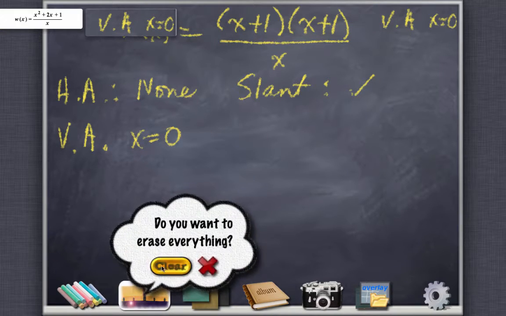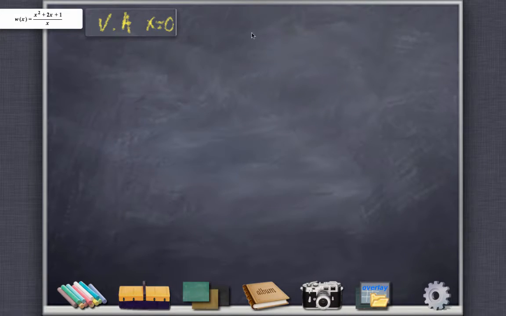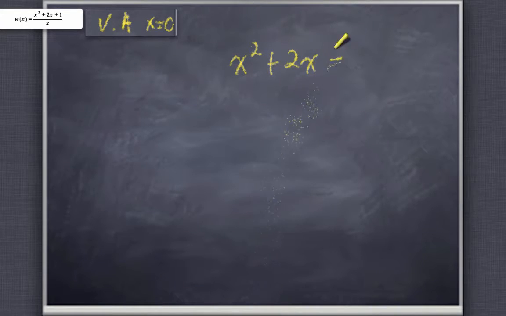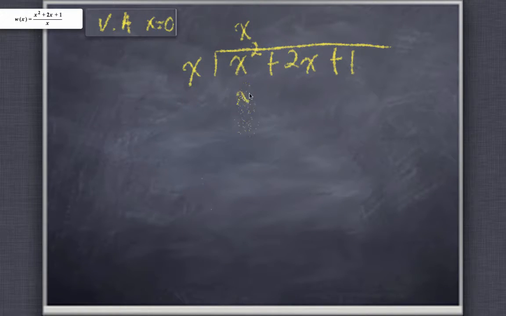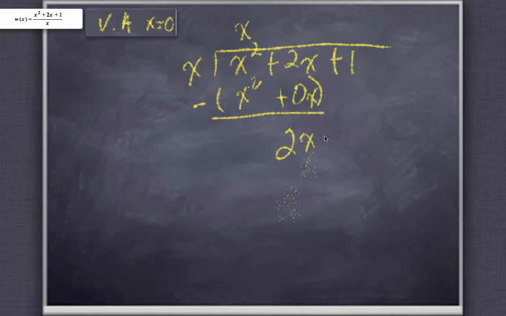Okay, now I'm going to get that slant asymptote. So x squared plus 2x plus 1 divided by just x. X squared over x is x times x squared. So those go away. I've got 2x, bring down the plus 1. 2x over x is 2.